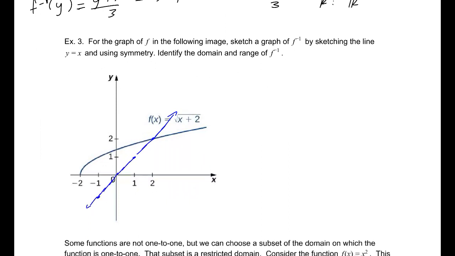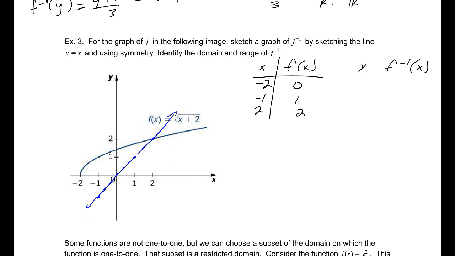All right, so the original function had the points (-2, 0), (-1, 1), and the point (0, 2). So the function f inverse should have (0, -2), (1, -1), and (2, 2).